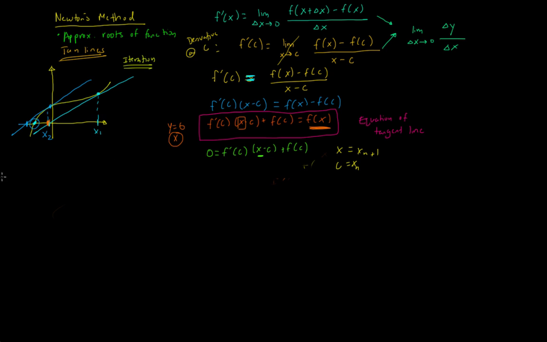xn. Then the equation won't change, so we do 0 equals f prime of c, or xn, times x, which is now xn plus 1, minus c, which is xn, plus f of c, which is f of xn.